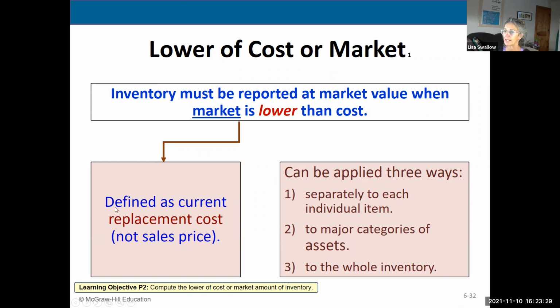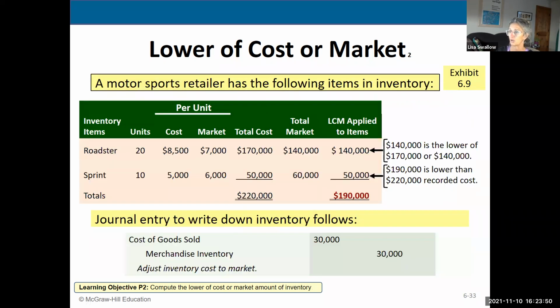And that's defined as what it would cost you to replace those chips, not what you're going to sell them for. I bought 10,000 chips at $1 a piece, and right now I could get them for 60 cents a piece. So the replacement cost of that inventory is $6,000. So I'm going to have to actually write down my inventory.